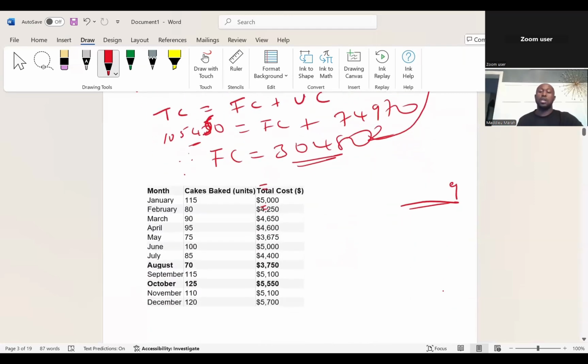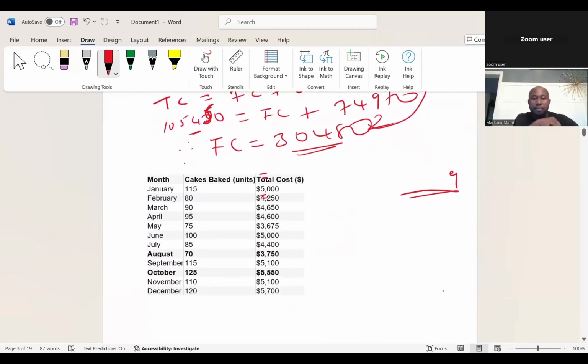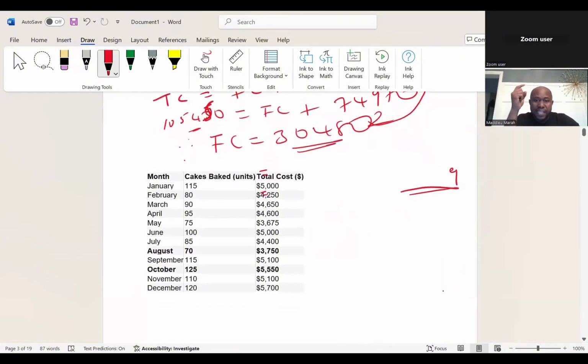Now, let's look at another question for better understanding. Now we have from January to December. We have cakes baked in units. Even if we are not told in units, we know this is the unit aspect and this is the cost aspect. And we have the cost.